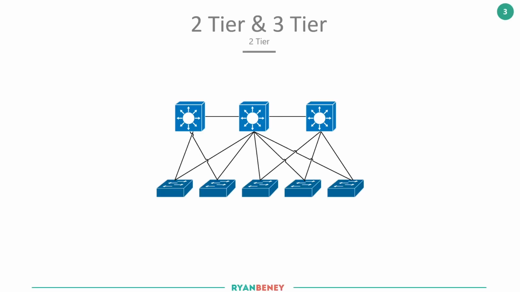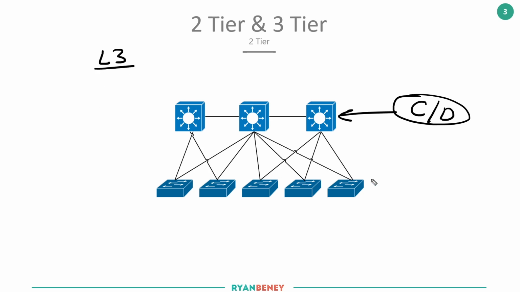And the next level up is, of course, the actual distribution and core. So again, here, the distribution and core are collapsed, and as such, both roles of the distribution and core are performed by the same devices. And the main roles of the distribution and core is, first of all, this is where layer 3 is normally introduced.